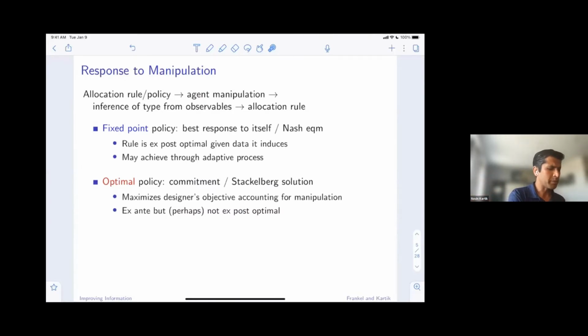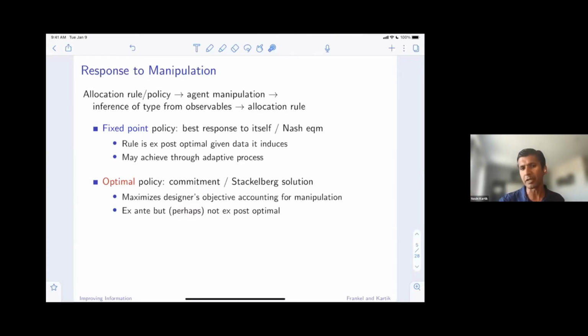The other thing that one might be interested in is what we're going to call the optimal policy, which is the commitment solution or the Stackelberg solution. Okay, so this is going to be a case where the designer understands that the allocation rule is going to affect the agent's manipulation and picks an allocation rule that maximizes the designer's objective, accounting for that manipulation, understanding that while this is ex ante optimal, it may not be ex post optimal.